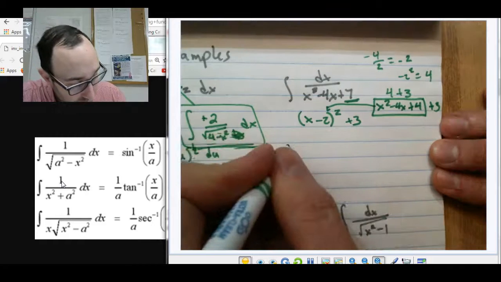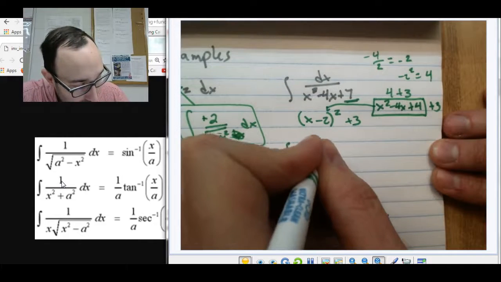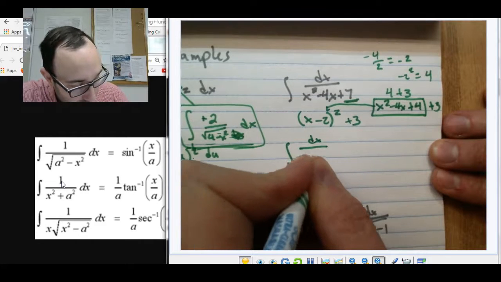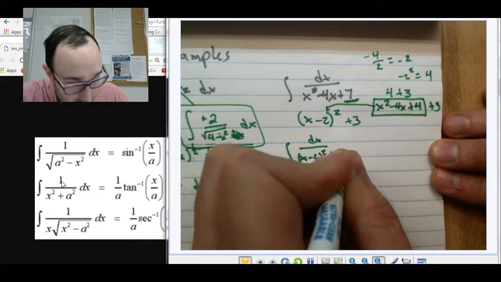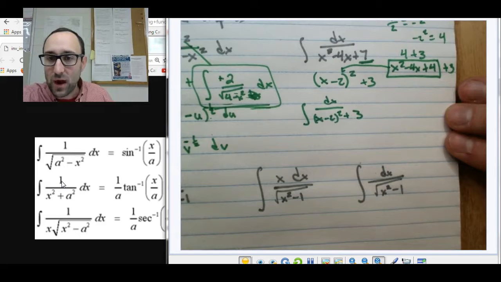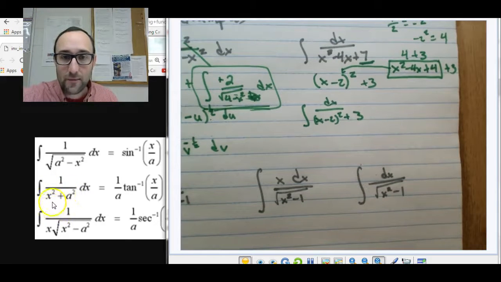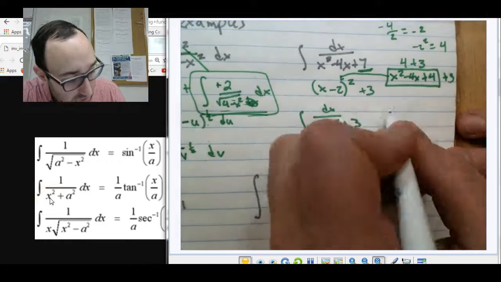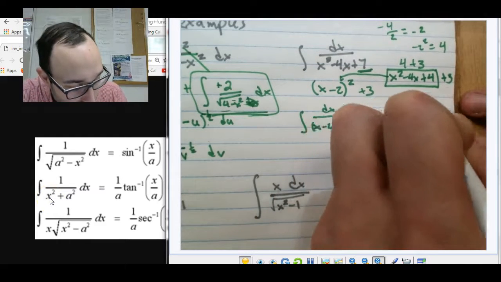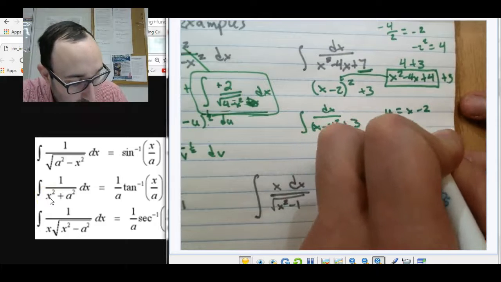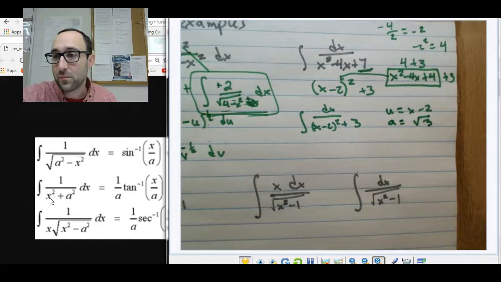So this is really the same as the integral of dx over x minus 2 squared plus 3. Now, do I have anything that looks like this? Well, this one looks a lot like that. In this case, let's say u is going to equal x minus 2, and a is going to equal the square root of 3.